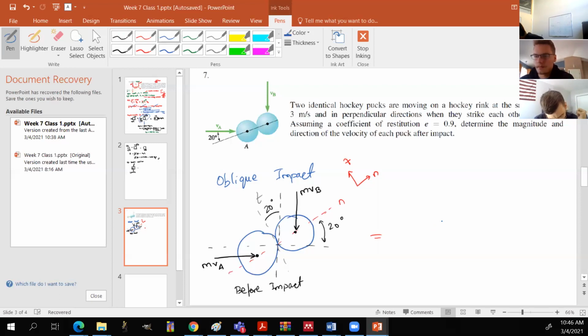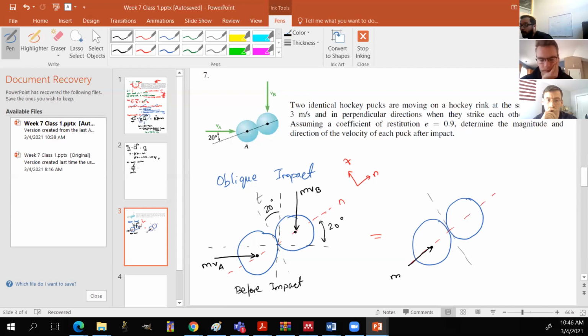So after impact, when you're looking at the balls, you've got tangential and normal like that. Remember, we'll have 4 unknowns. So if I write those out, I'll have this like that. It's going to be m, and the mass is the same. That's why the m is like that. So m times VA prime in the normal direction, and make it a positive one as well.